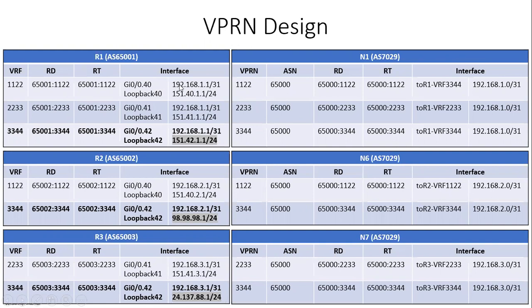But again, as you can see, each subscriber's interface is going to share the exact same IP scheme. And on our provider edge routers, each VPRN is going to go as far as to share the same ASN as well.